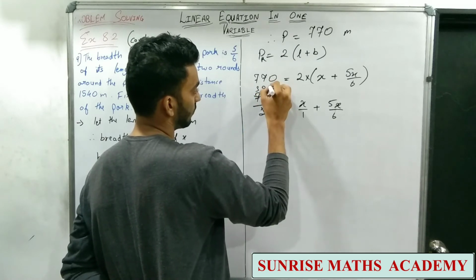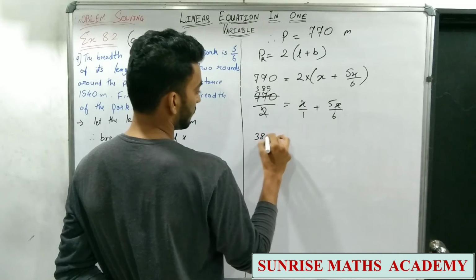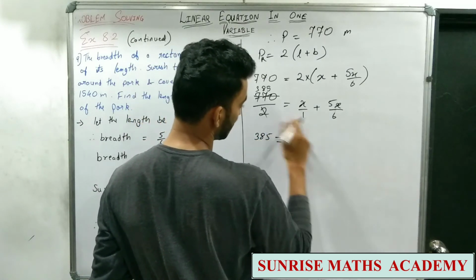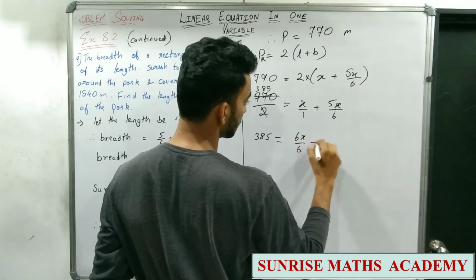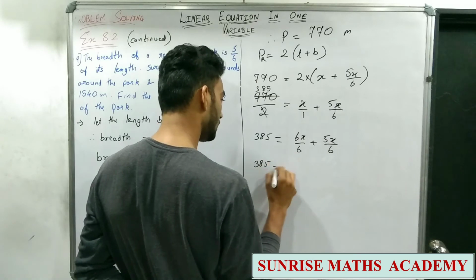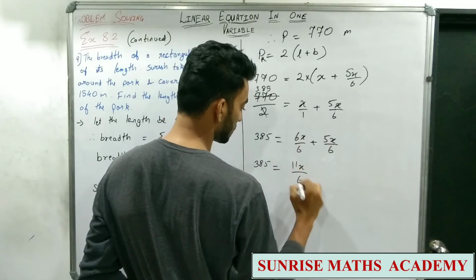So 385 equals to, LCM is 6, so we'll multiply this by 6, so 6x/6 plus 5x/6. So 385 equals to 6x plus 5x is 11x upon 6.